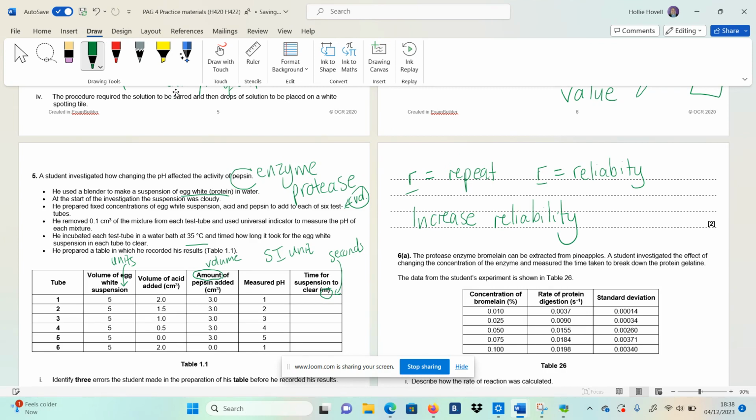And then as a kind of follow up, or explanation, you could say because you could calculate the mean of your results. So if you do 3 repeats to calculate a mean, then you should get a more reliable result. You could also say that you could assess the spread of results.